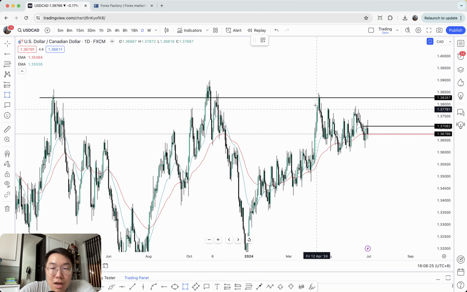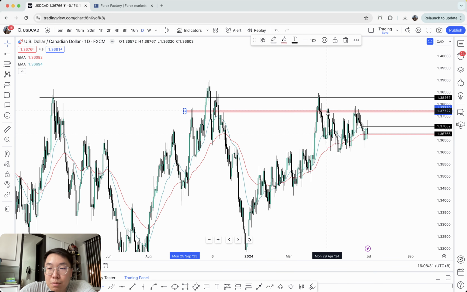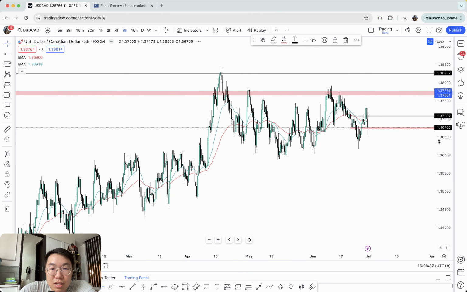Why? Because after the rejection at 138.26, it was followed by failure at 137.72. If you drop down to the 8 hour, you can see the first price rejection at 137.72, and a second failure on the 1st of May at 137.72.